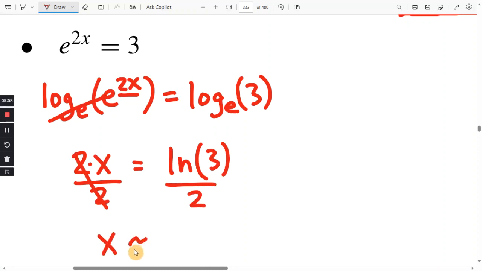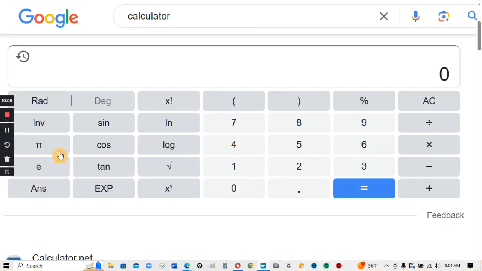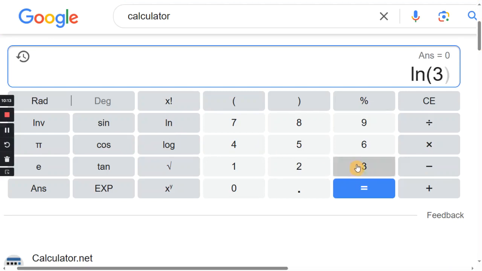And what I am going to do is use the calculator and round off. Okay, ln of 3 divided by 2, rounded to 4 decimal places. All right, here's my ln, so I'm going to do ln of 3 and close the parentheses, and then divided by 2. Okay, click equals, and they said 4 decimal places, so you want to look at the 5th decimal. If it's less than 5, you round it down.